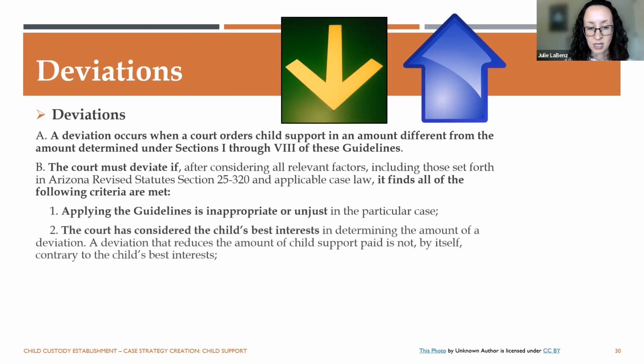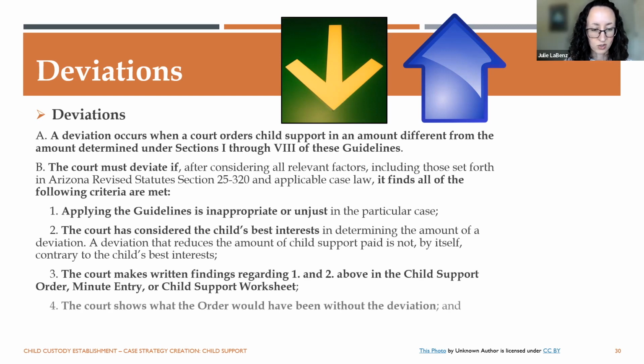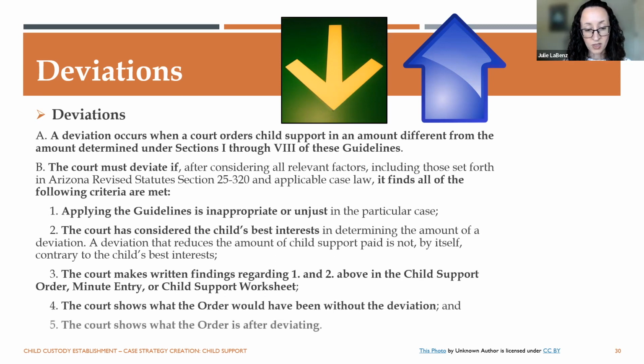Applying the guidelines would be inappropriate or unjust. The court has considered the child's best interests. The court makes written findings that the guidelines are inappropriate or unjust and regarding the child's best interests, and puts those into the court papers. The court shows what the order would have been without the deviation, and the court shows what the order is after deviating.